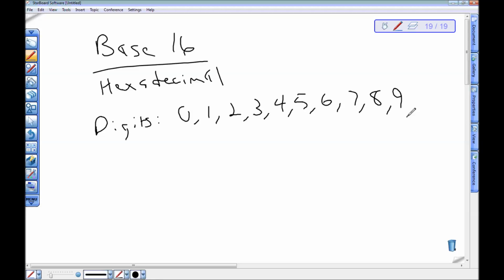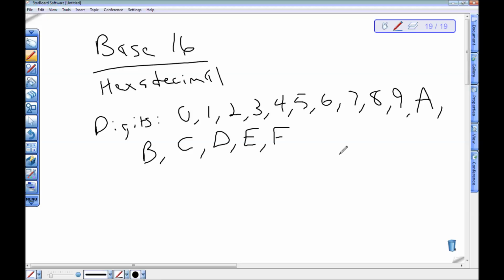So what I do generally, and this is a convention, is I'm going to use capital letters. After 9 is going to be A, which represents 10. B represents 11. C represents 12. D represents 13. E represents 14. And F represents 15.